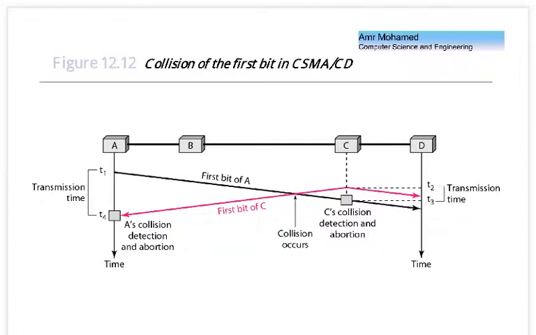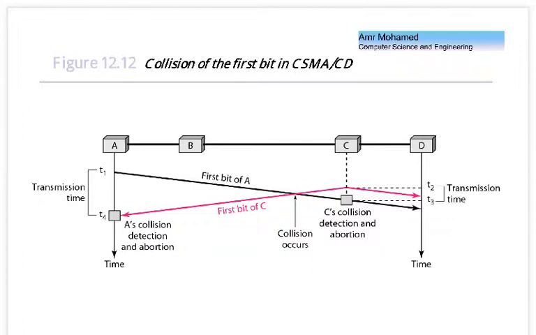That's why it's called the space-time diagram, because the space has a meaning and the time has a meaning. The space, the location of the nodes, has certain significance, and the time as well has significance. This is very important. So the collision occurs the first time here, but node C will figure out that there is a collision at this point, because node C, of course, listens to its own signal.